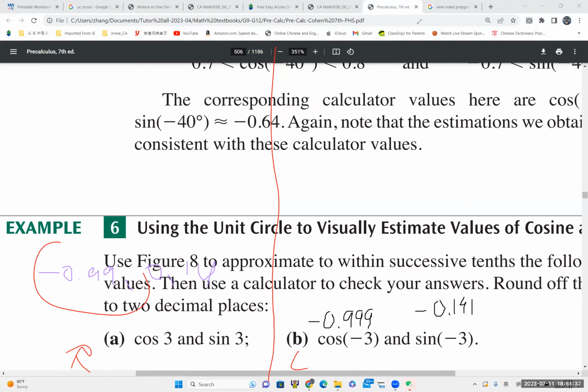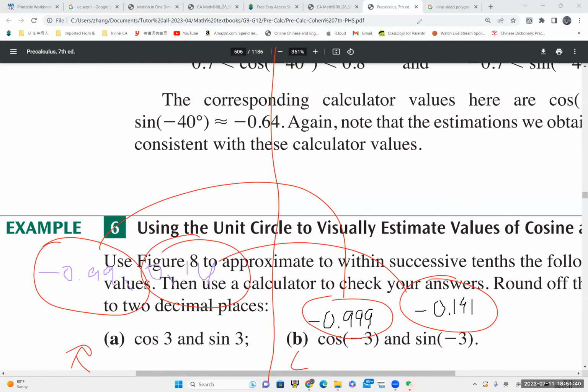Suppose they have the same cosine value but opposite sine value. We'll show this in a coming section. Cosine x is an even function. For sine, it's an odd function.